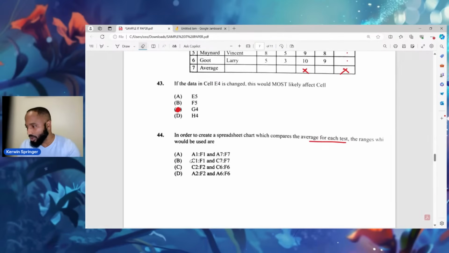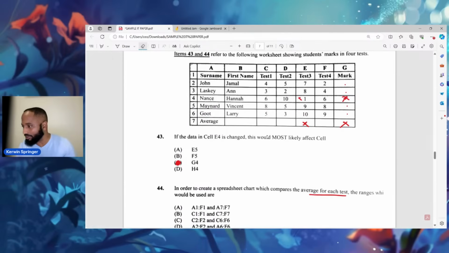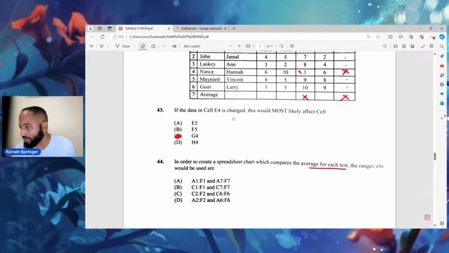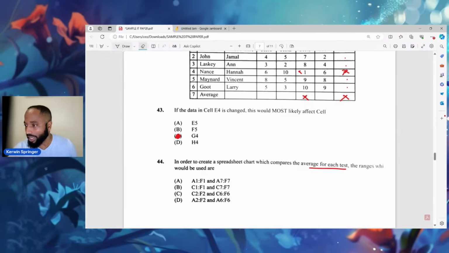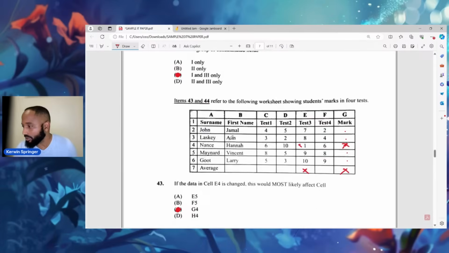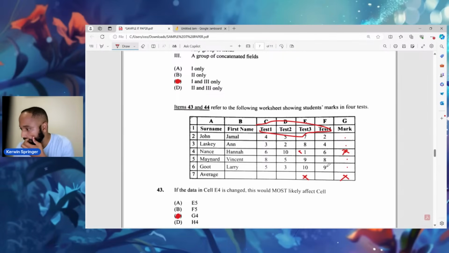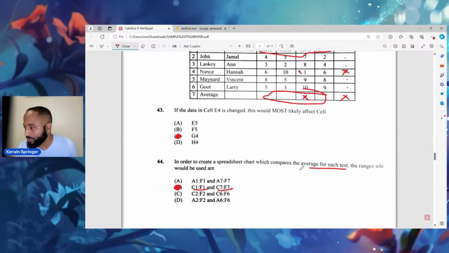I could use C1 to C2, C6 to F6. Once again, I could be technical: I could compare the average because I could play the formula back again, have the average, and have the test. All right, fine. Let's use C1 to F1 and C7 to F7, since we already have the average here. So use this to this and this to this, and we compare them.